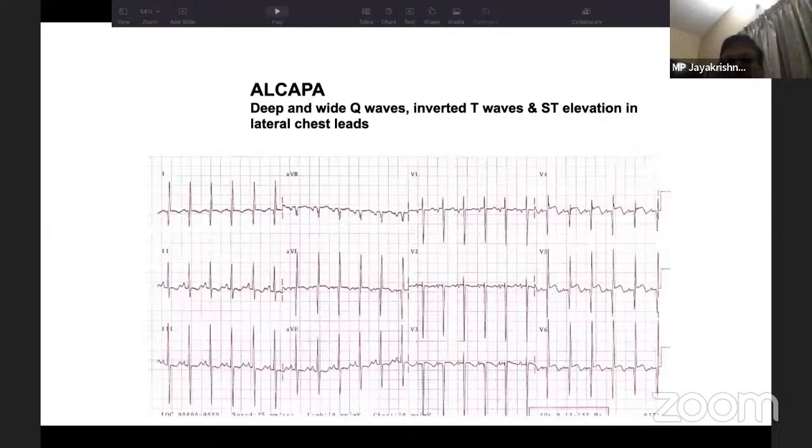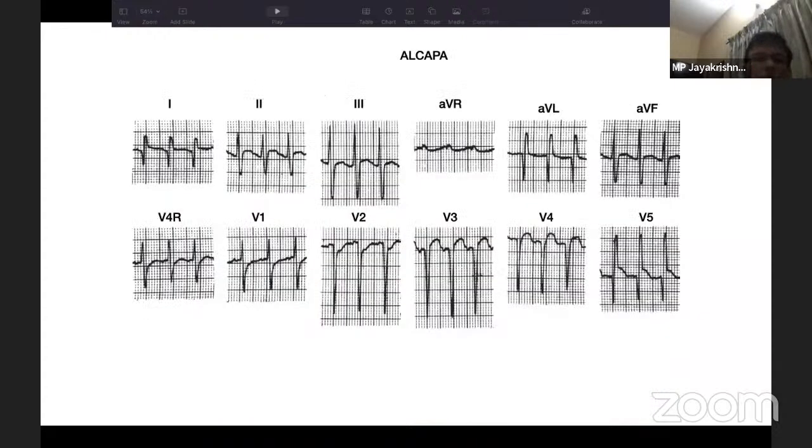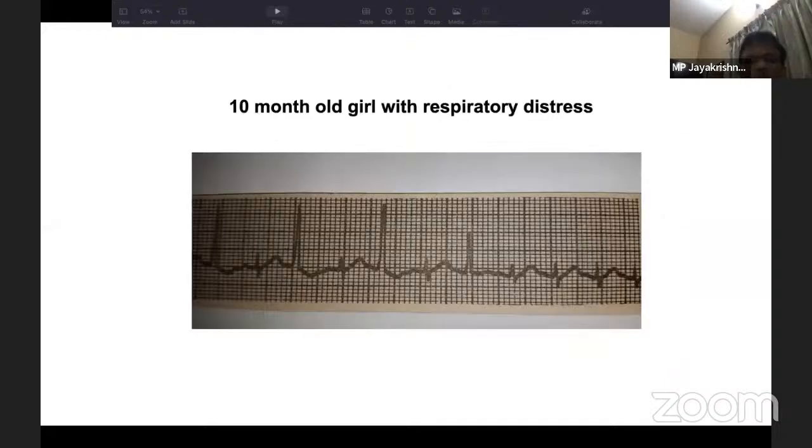Deep and wide Q waves are there in lateral chest leads. Again, T wave inversion is also there, ST-T changes are also there. But these Q waves are very important. So deep and wide Q waves in lateral leads in a child 2 to 3 months of age, presenting with cardiac failure or extreme irritability, always consider ALCAPA as a possibility. You can see the deep Q waves there in lateral leads, lead 1, V4, V5.